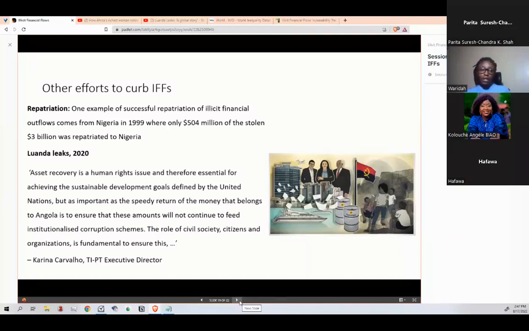And with countries that have no revenue and huge gaps in their budgets in the first place, the repatriation efforts are not really advantageous to them in the long run. And so even in the case of Dos Santos, of course, there were calls to have her assets frozen and seized by the country.